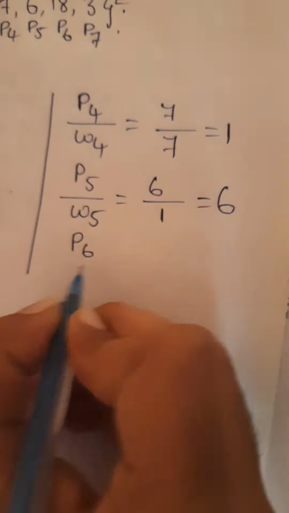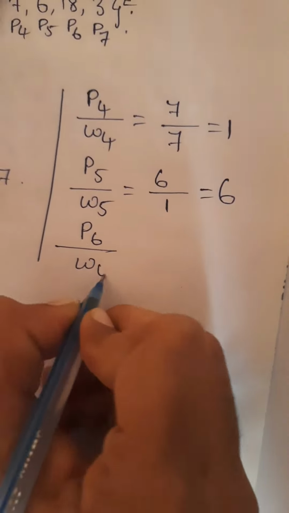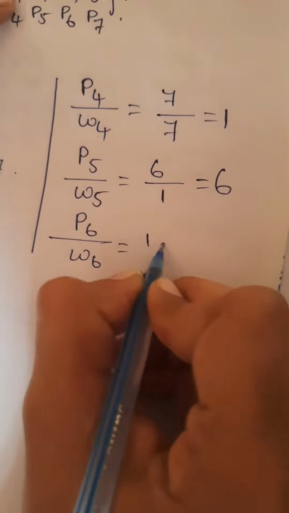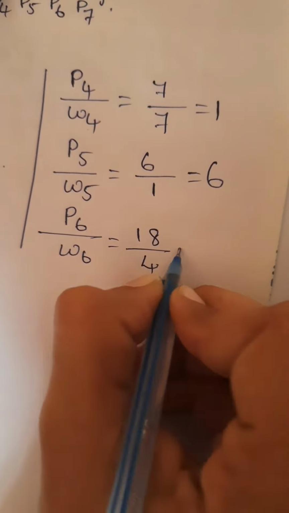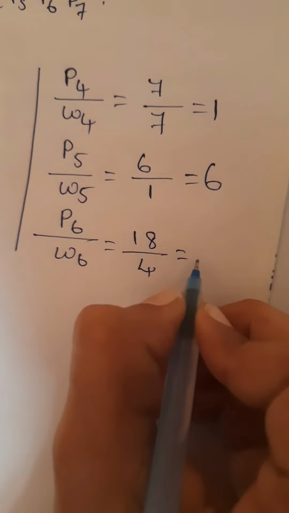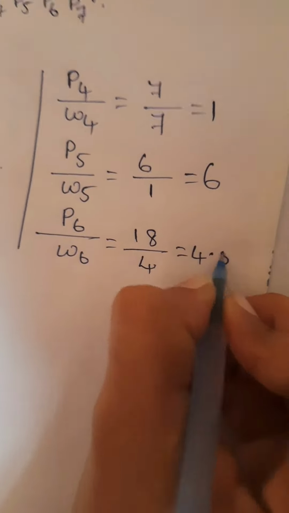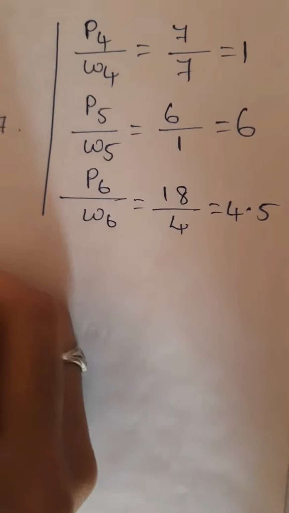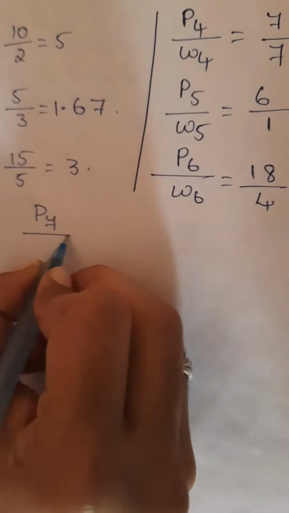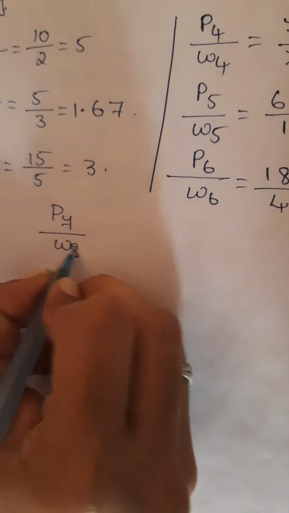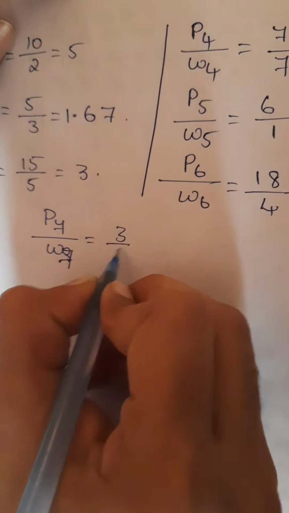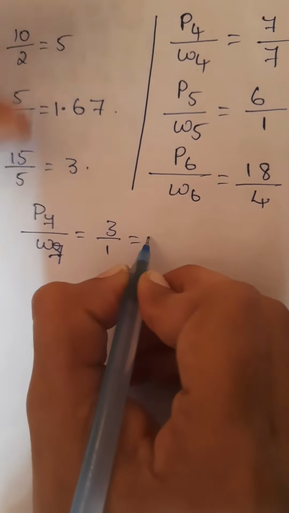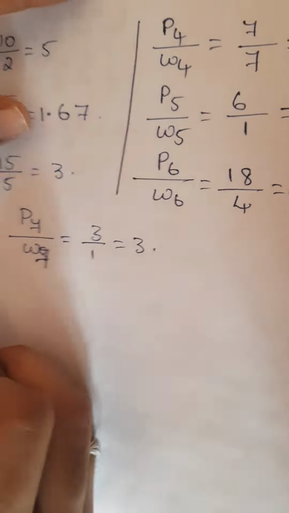Now P6 by W6. The P6 value is 18 and the W6 value is 4, so its value comes like 4.5. Now for profit number 7 and weight number 7, the profit is 3 and the weight is 1. So this is the answer for P by W.